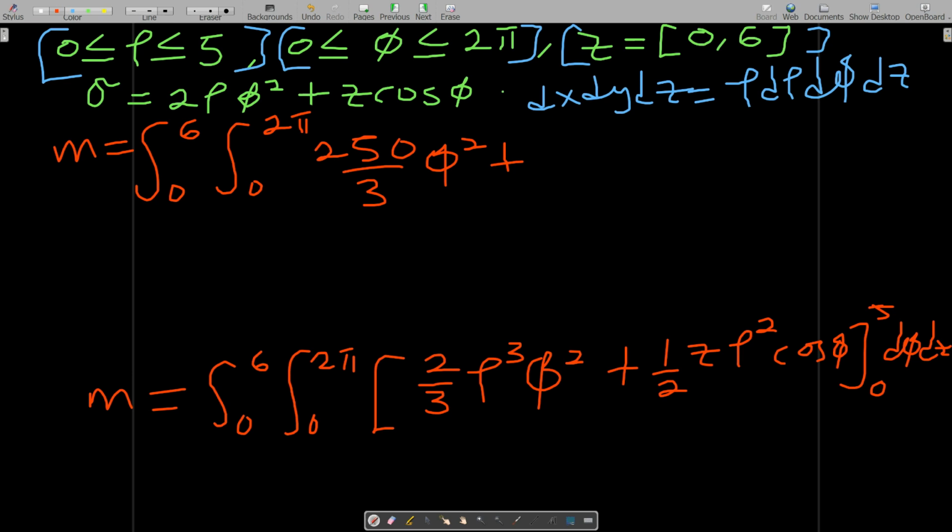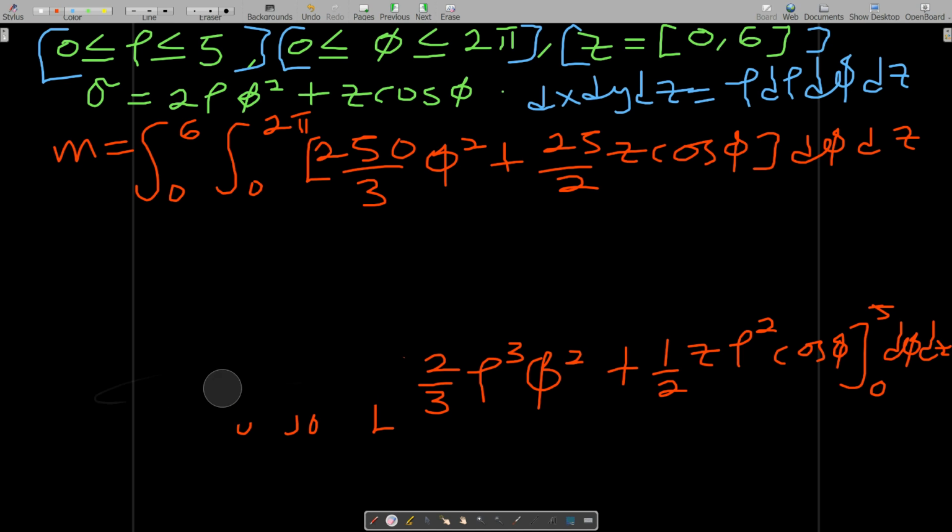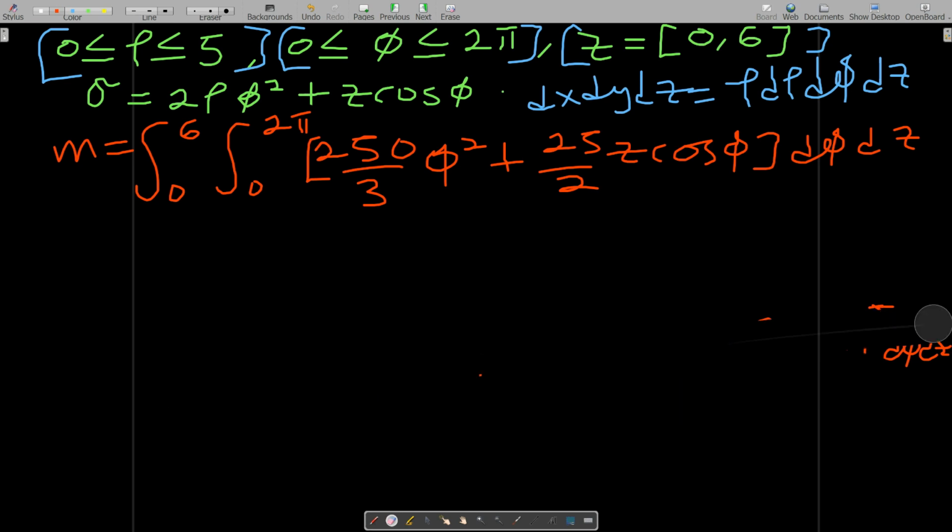So 5 squared is 25, so we get 25 over 2, then z cos phi. We are done because you just have two terms. Alright, so I have this, then the phi, the z. Let's try to simplify the next one with respect to phi.